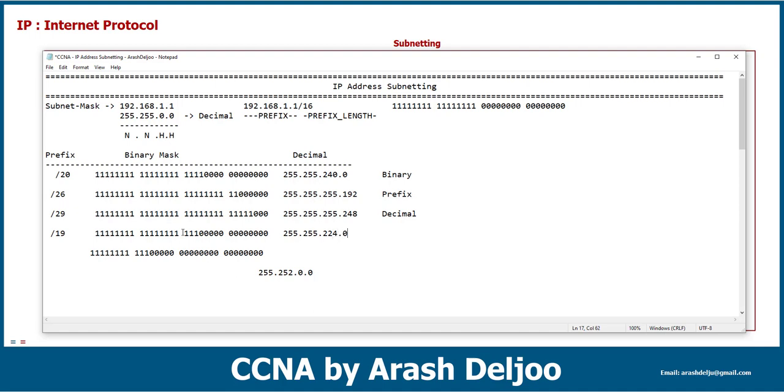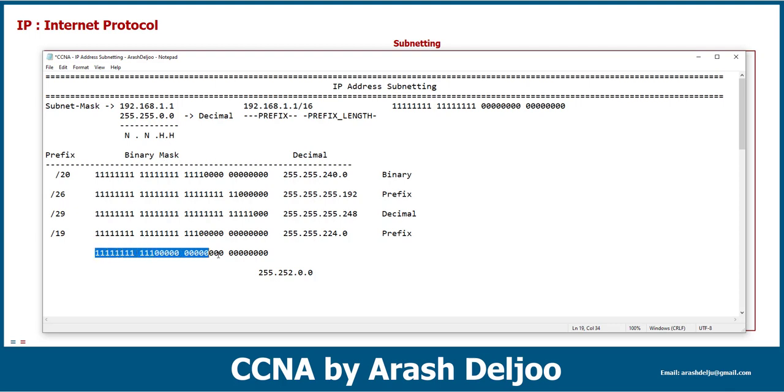Look at here, 128 plus 64 plus 32 equals 224. And you know that here we had the prefix version, and we created and wrote the binary mask and also the decimal.